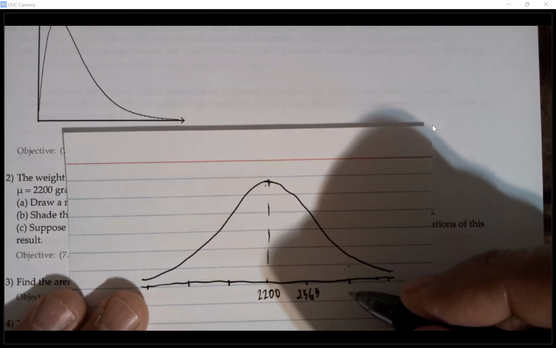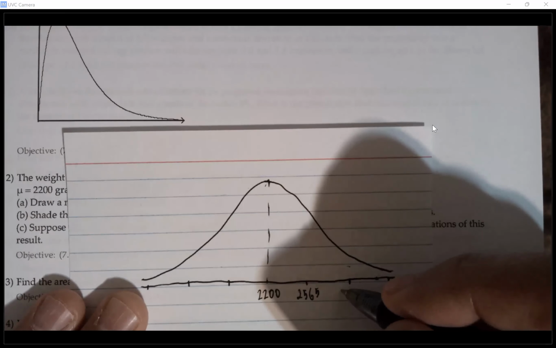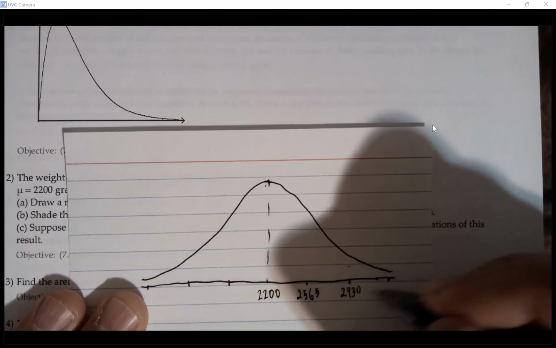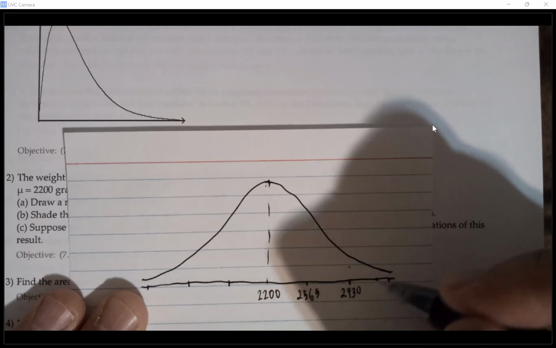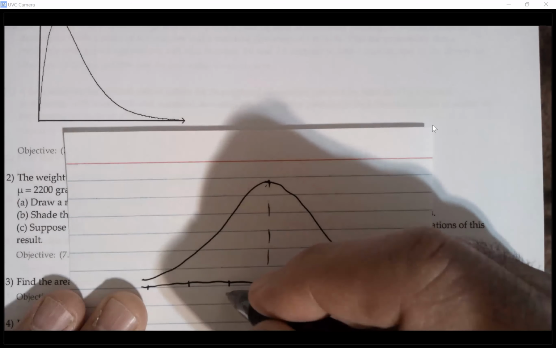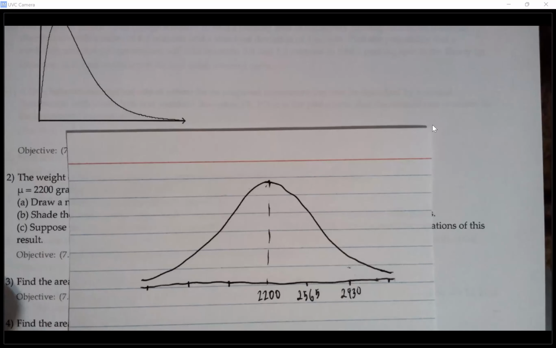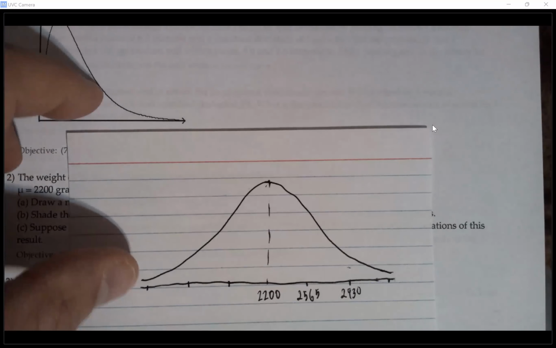And then if you add another 365, you will get 2,930, and then you add another 365 here, and then you do the same for the other side. Subtract 365, subtract 365, and then subtract another 365. This is how you draw the normal curve.